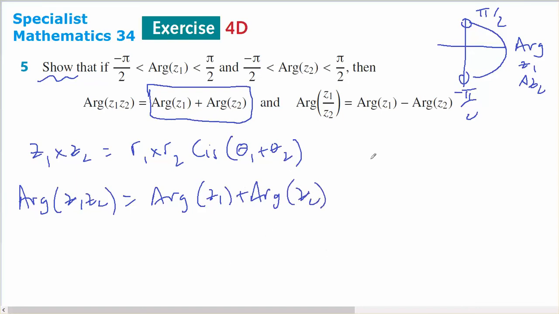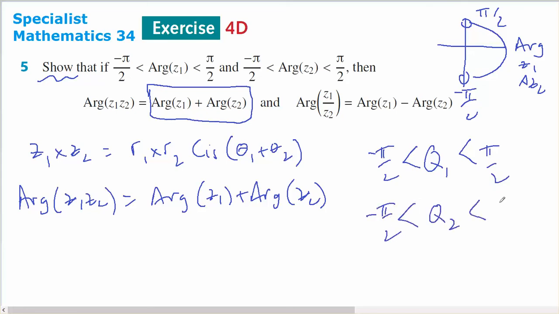Now, if I know theta 1 is between minus pi on 2 and pi on 2, and theta 2 is between minus pi on 2 and pi on 2, the smallest that theta 1 can be is minus pi on 2, but not quite. The smallest that theta 2 can be is not quite.